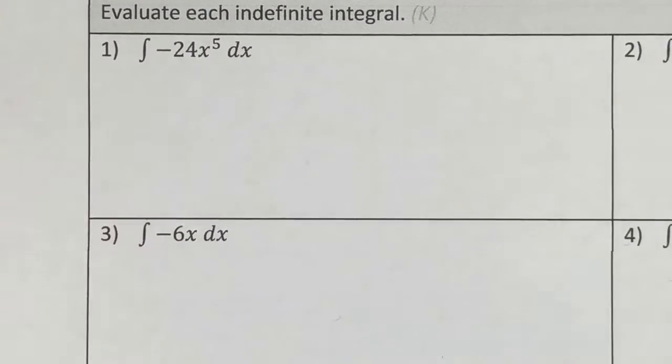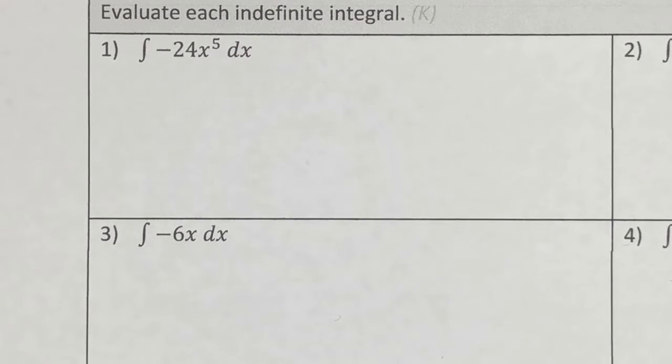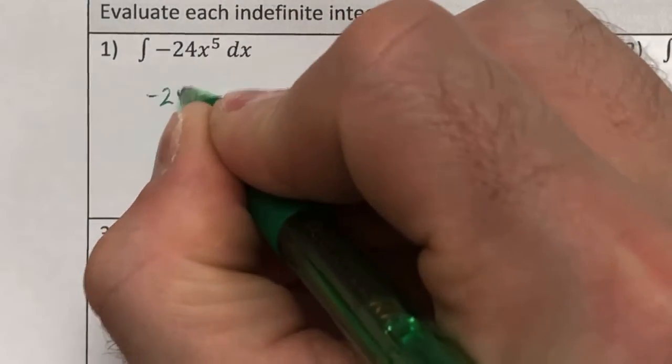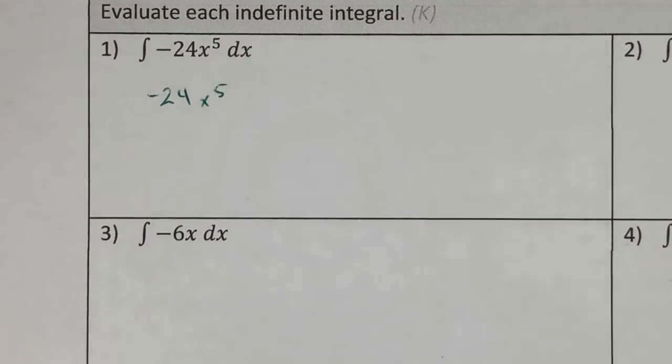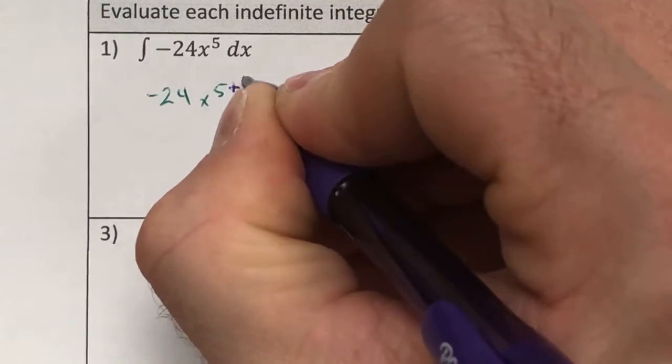So to start out with this first one, when it's already written in its power form as a polynomial, we can keep a good bit of the equation. So for example, when I integrate this, I'm going to keep the negative 24x to the fifth. But if I subtracted 1 from the power, to go in the opposite direction, I have to add 1.